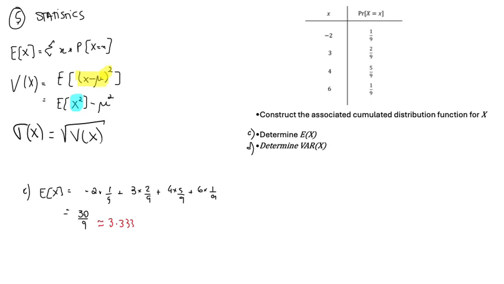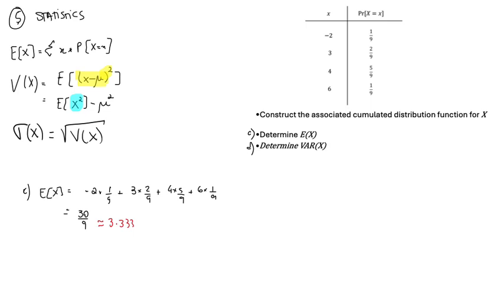This is how you calculate the expected value. It's just multiply all the rows and then sum the multiplication up. Okay? If this is an open question, you can leave it like this. But if it's a multiple choice, maybe you will have to work this around.